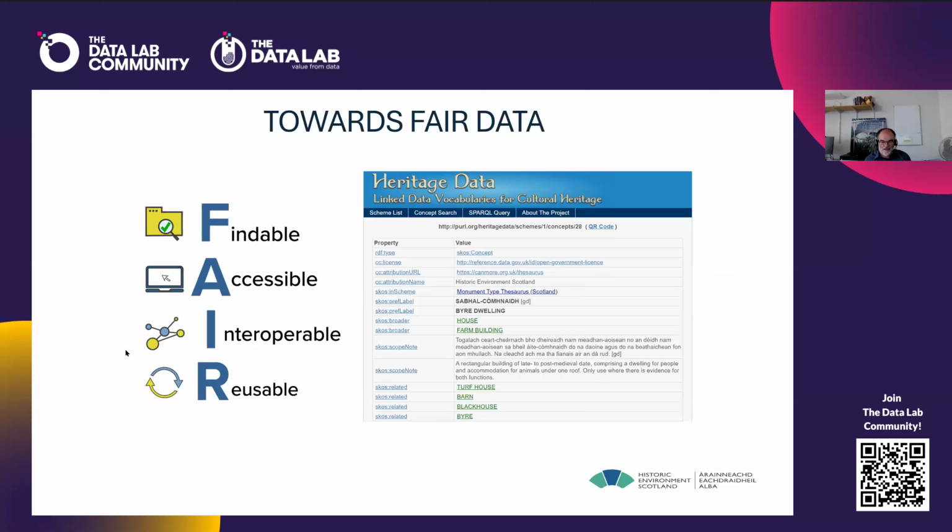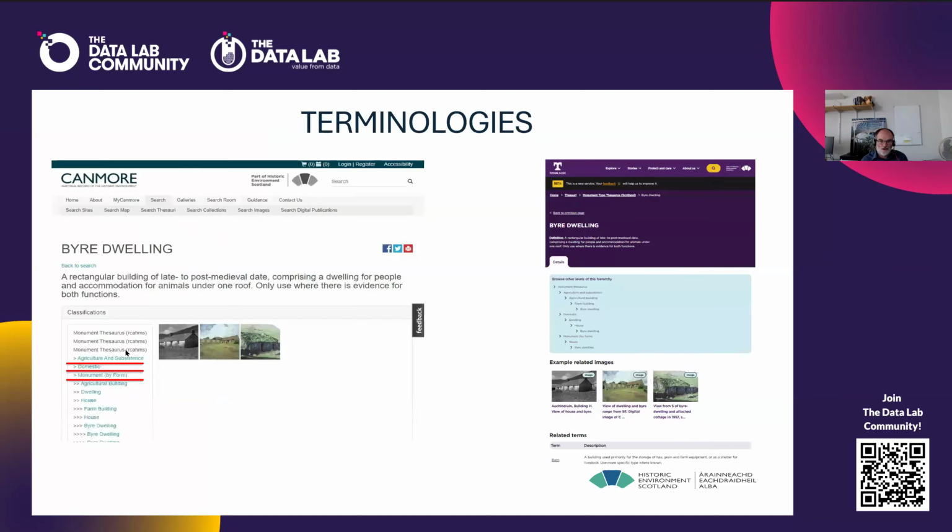In our current mapping, it was a struggle to know how to deal with that, because it changes theme, if you like, over time. Dwellings become storage units and things over time, and they're also hierarchical. So it's defined as a domestic building, monument, and agricultural building. It's really difficult to pin down.